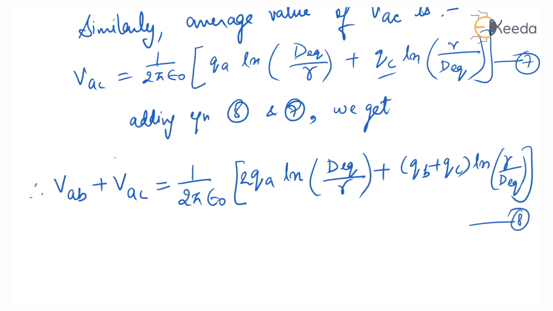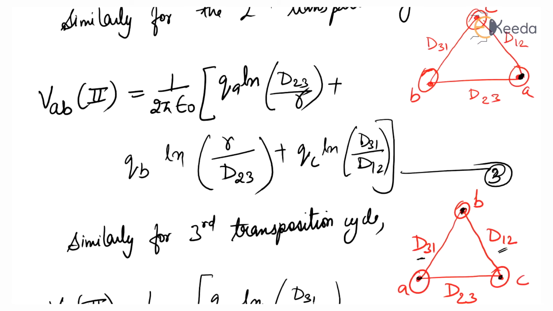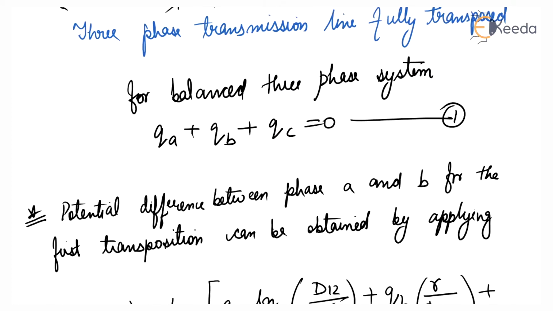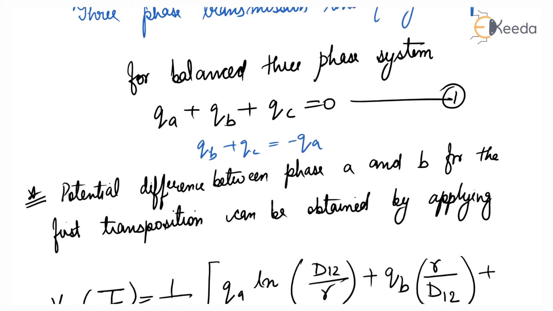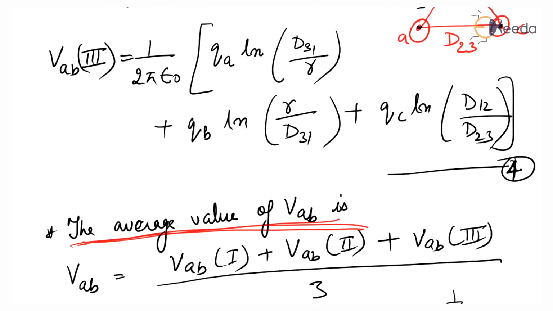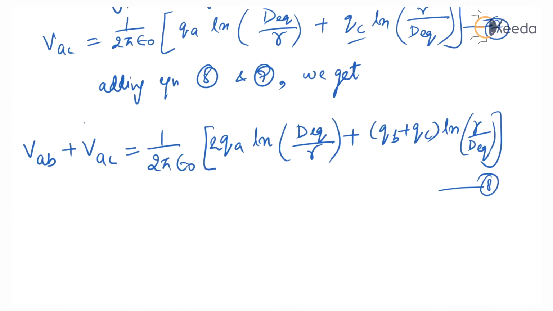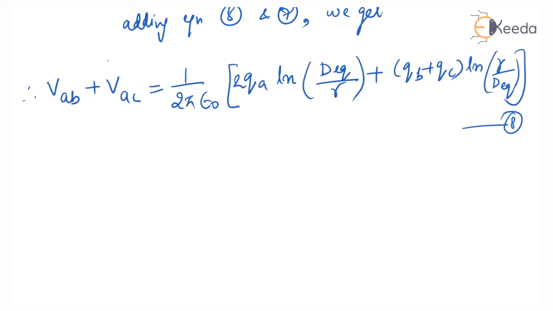Now we know that QA plus QB plus QC is equal to 0, from equation number 1. So QB plus QC is equal to minus QA. Put this in equation number 8.